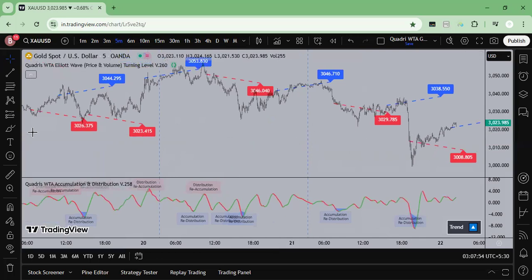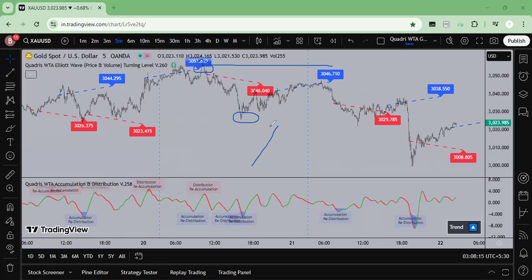So this indicator is developed in such a way that it will automatically give you the levels, and it will give you the area wherein there is a right likelihood that this would be an accumulation, because always remember accumulation is something wherein price is about to accumulate.